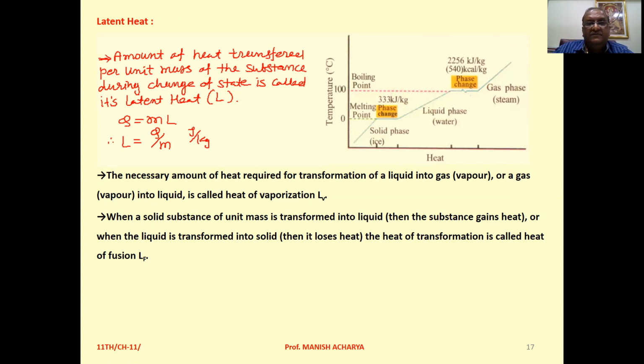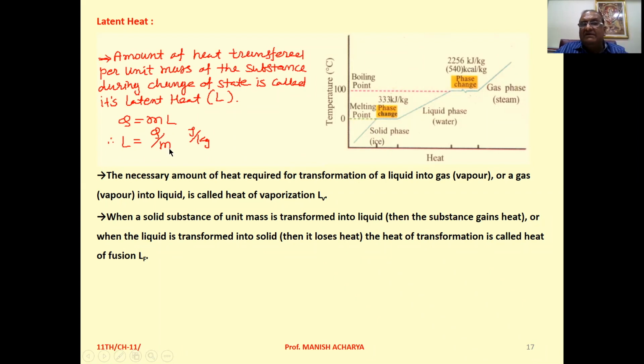latent heat. Now the definition of latent heat is given like this: the amount of heat transferred per unit mass of the substance during the change of state is called its latent heat. So we can write the latent heat L as Q by m, where Q is the amount of heat transferred during the change in state of m gram substance.